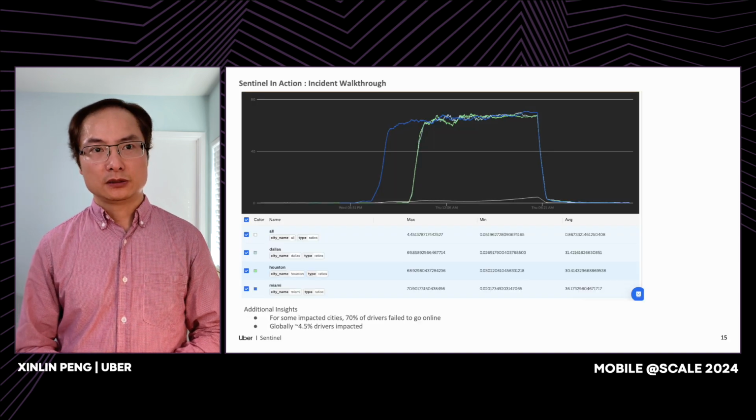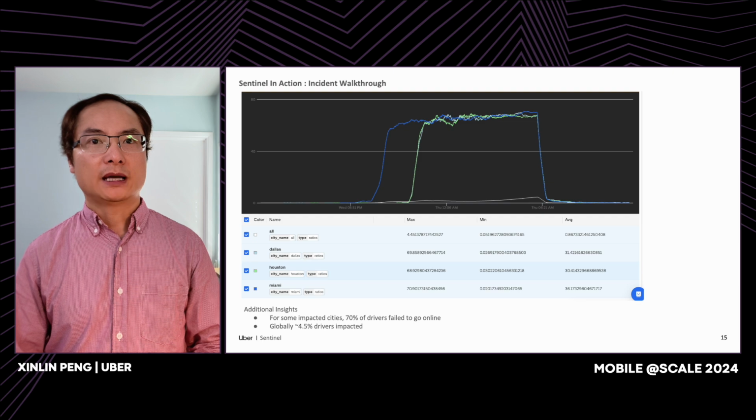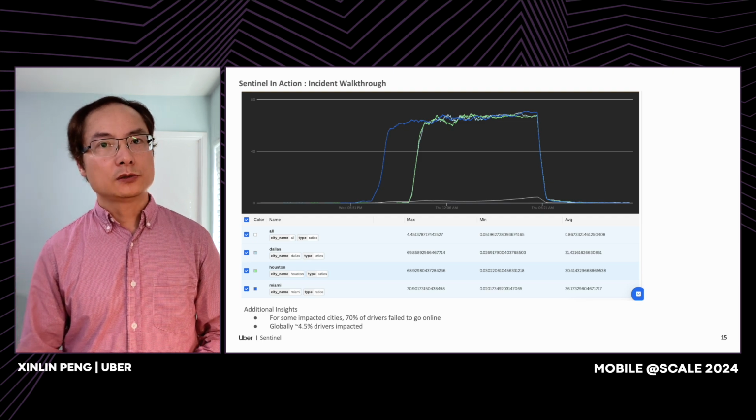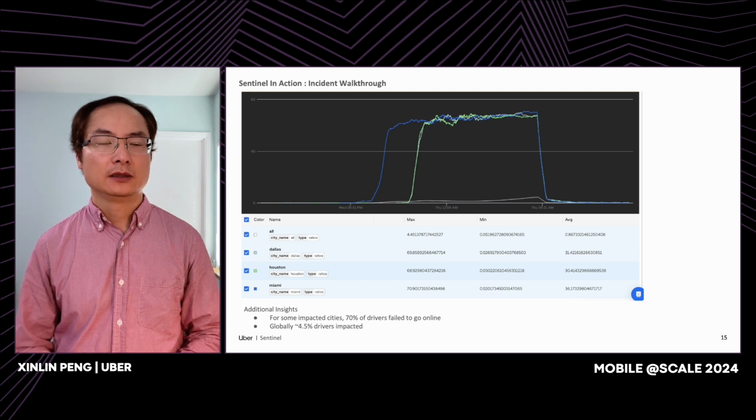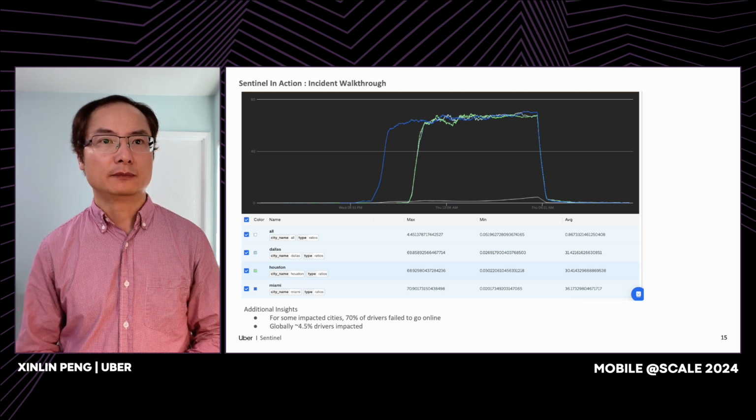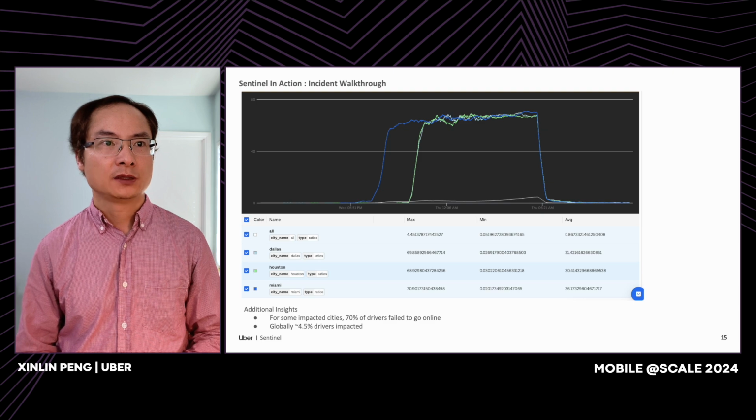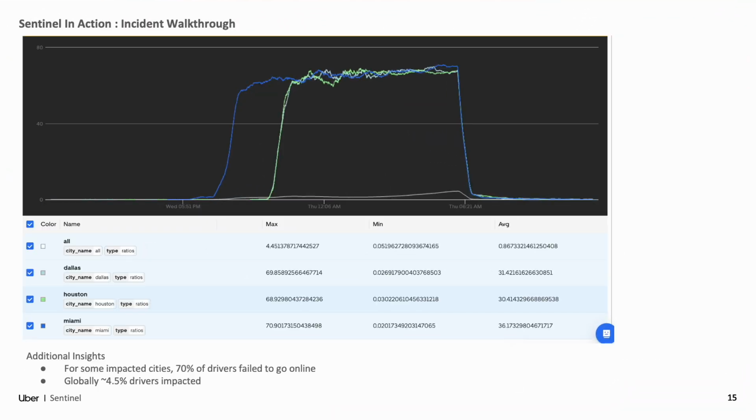The uniqueness metrics generated by Sentinel were also helpful in providing additional insights into the impact analysis. For some impacted cities, we can clearly see that around 70% of the total drivers in these cities failed to go online during the incident.